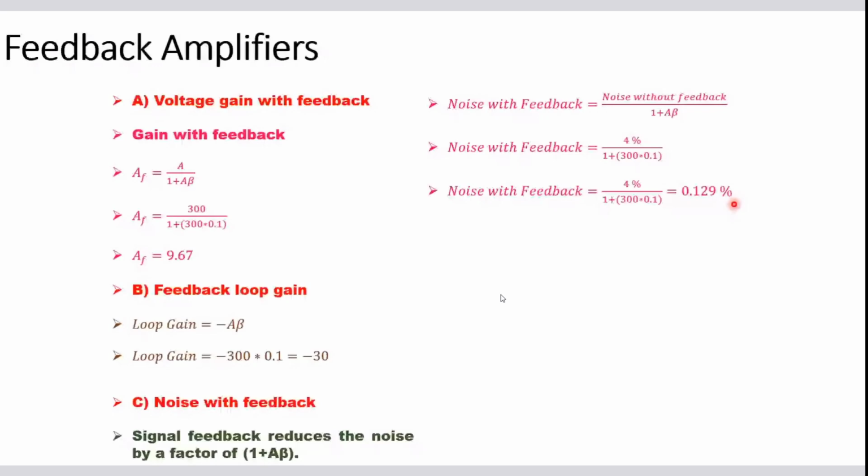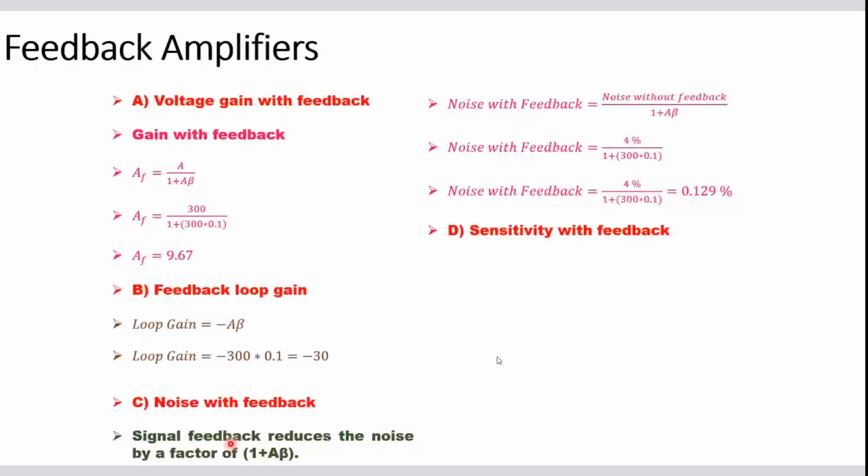And sensitivity with feedback. We have already derived this. We have already talked about distortion with feedback, that means noise distortion, nonlinear distortion and frequency distortion, in a very brief way. But sensitivity with feedback we have derived.